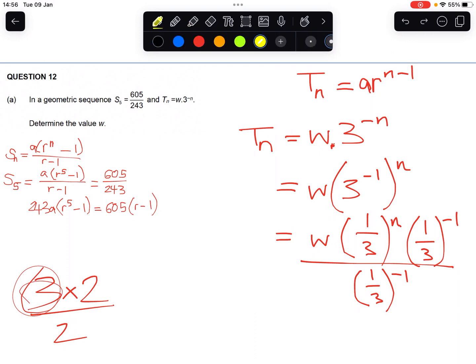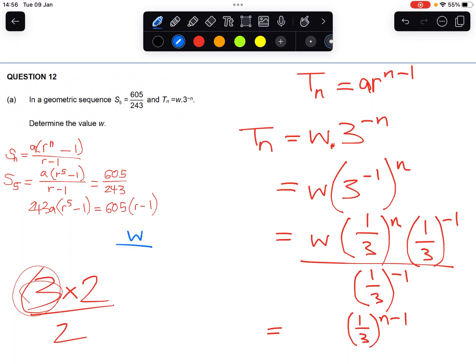So on the one hand, this now becomes 1/3 to the power of n minus 1. Then I need to simplify the other part.